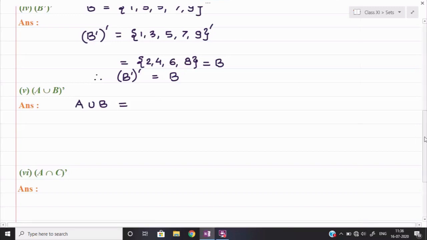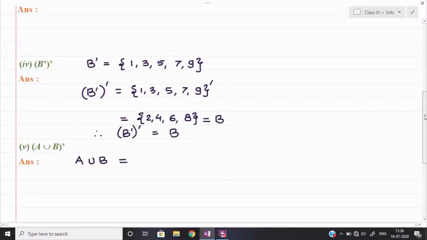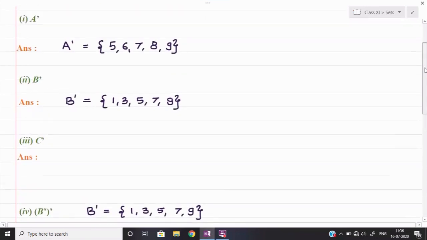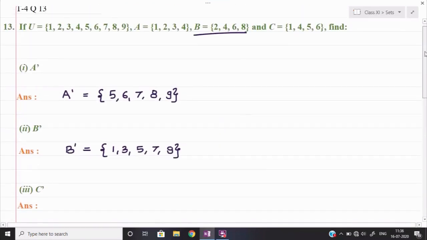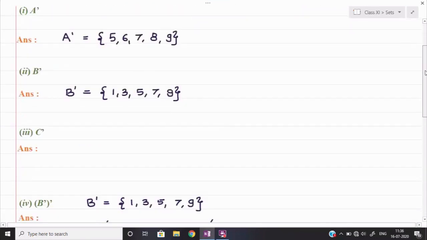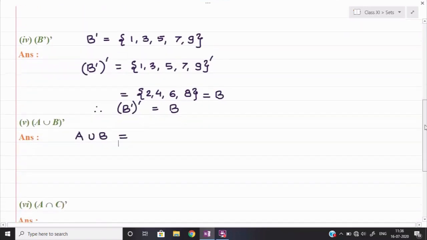First of all, see what is the value of A is given here. A is given I think {1, 2, 3, 4}. Once we shall check, yes, A is equal to {1, 2, 3, 4} and B is equal to {2, 4, 6, 8}. So let us write down A ∪ B. First I will mention 1, 2, 3, 4. Now second time I will mention here 2, 4, 6, 8.